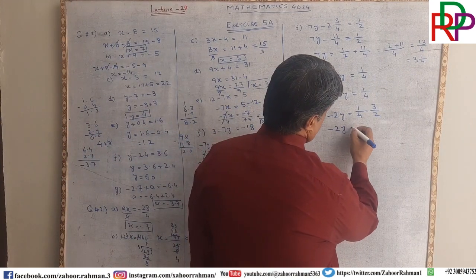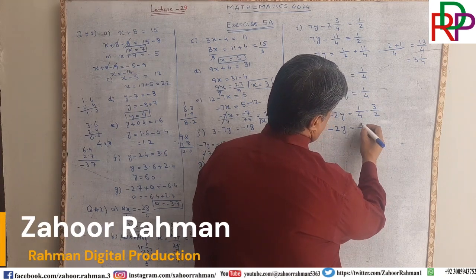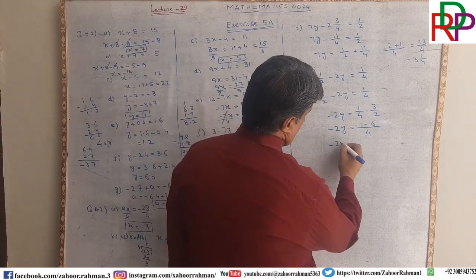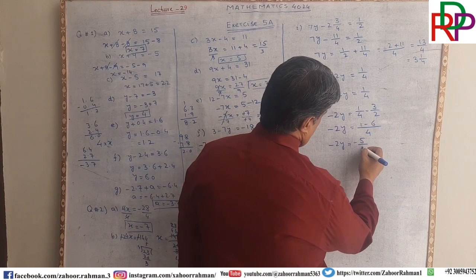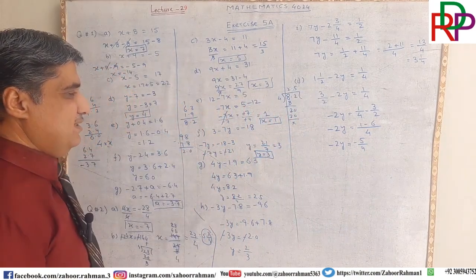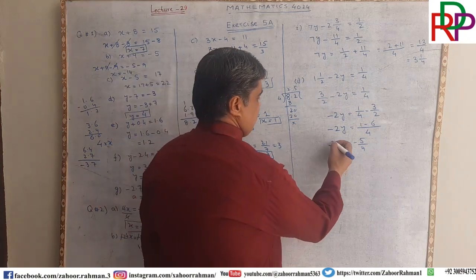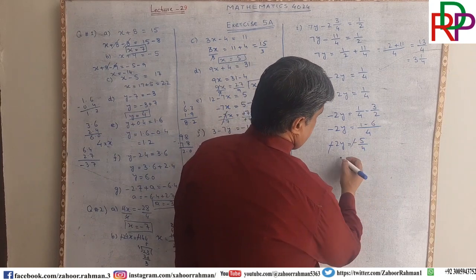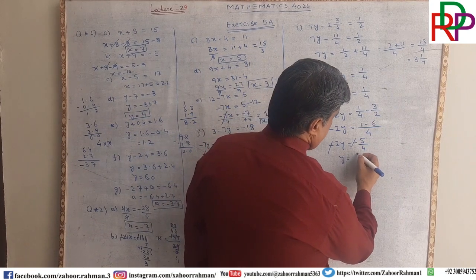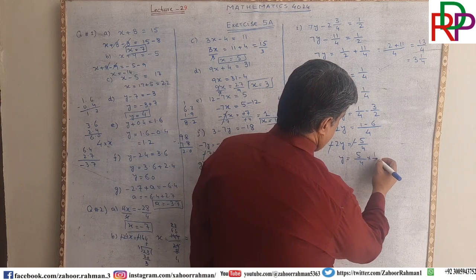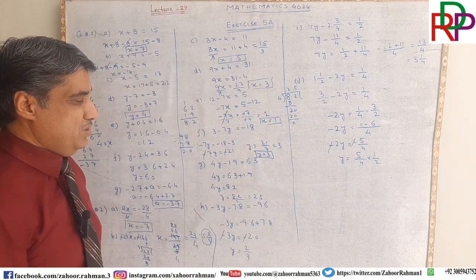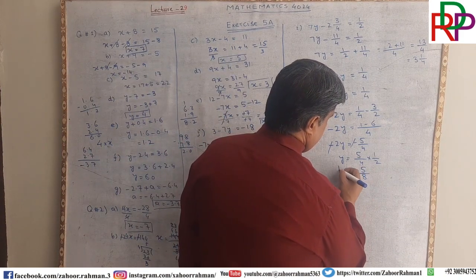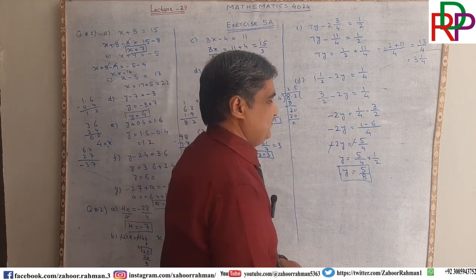Minus 2y is equal to 4 is the LCM, so 1 minus 6, and then minus 2y is equal to minus 5 divided by 4. Ladies and gentlemen, this negative symbol will be cancelled with this one, and this is multiplication, so on the other side it will become 5 divided by 4 multiplied by 1 over 2. This 2 will become 1 over 2 on the other side. So y is equal to 5 over 8 is the ultimate answer.